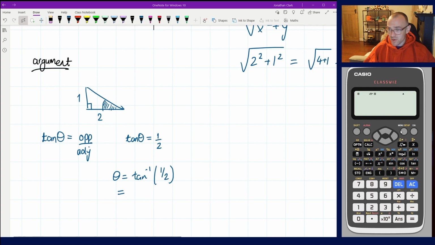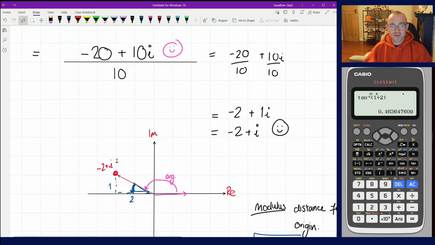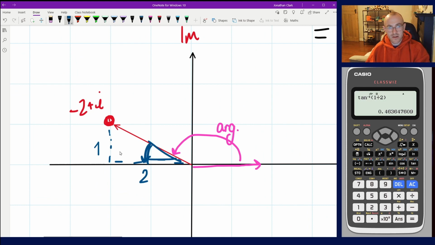I'm going to make sure that I'm in radians before I do this. So I've got the inverse tan of a half: 0.46 radians. That is the angle here. Let's get rid of some of these other bits. That is 0.46 radians.